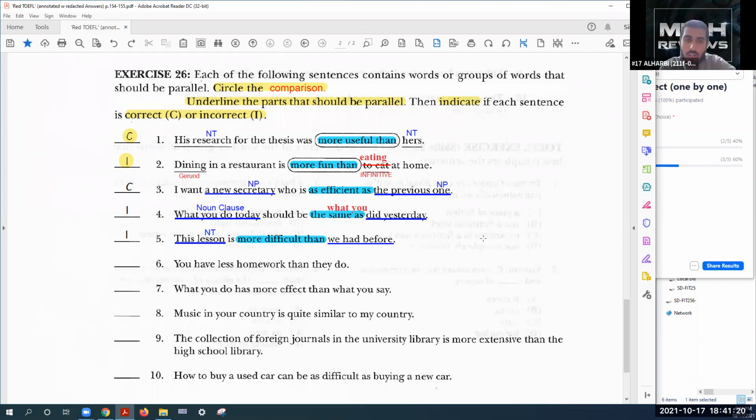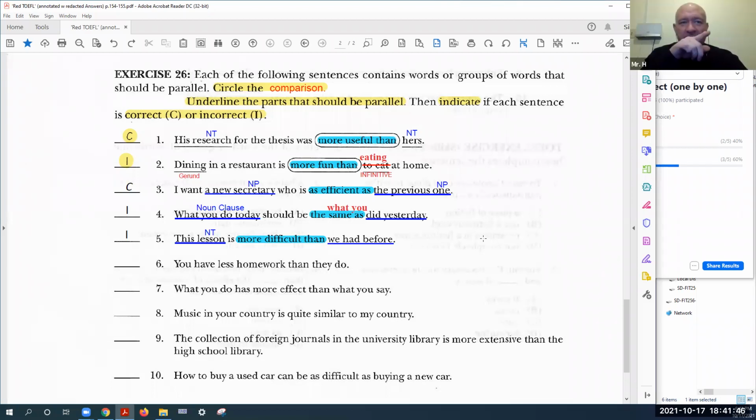This lesson is more difficult than the previous. You could say that, but let's keep the word we had before. Keep that, but we want to add the lesson. Than the lesson before.